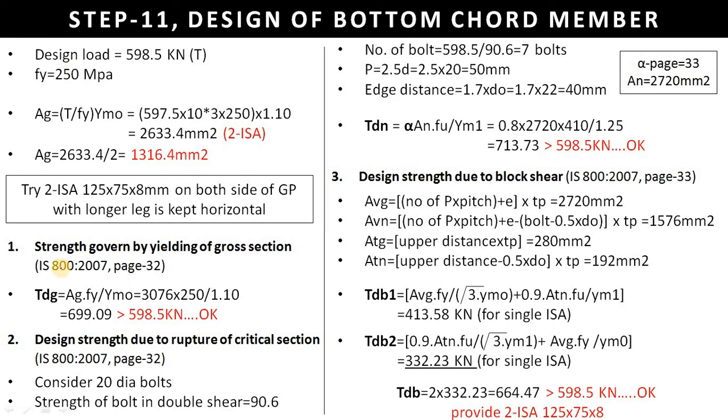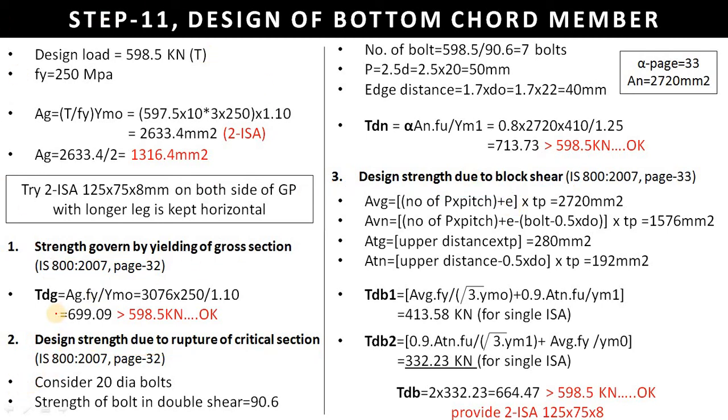So now go to IS 800 page number 32. From that we have to calculate the design strength governed by yielding of gross section, the design strength due to rupture of critical section, and the design strength due to block shear. These formulas are all provided on page number 32.